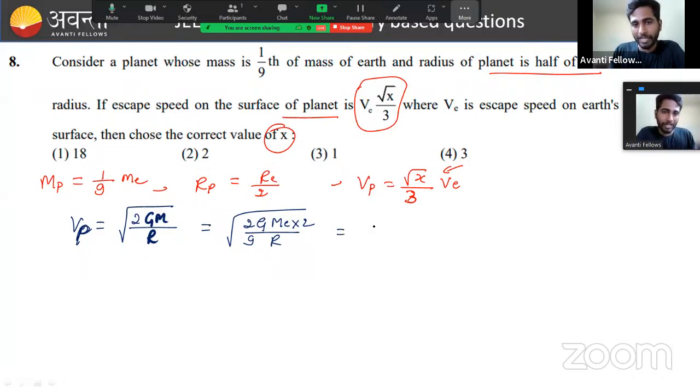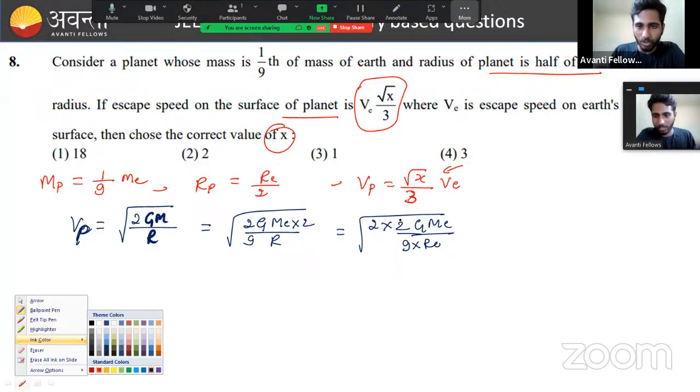Next to that we'll get under root of 2 into GM_E divided by R_E into 9. Correct now? Well guys, look at this equation carefully.